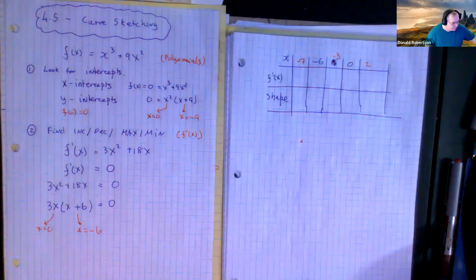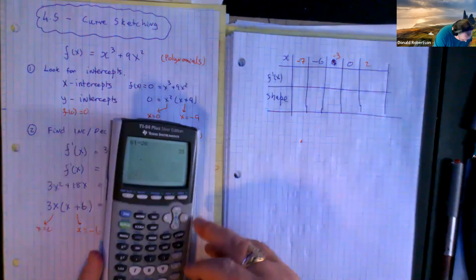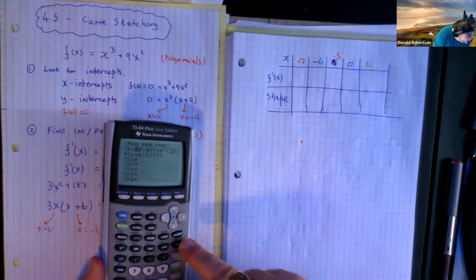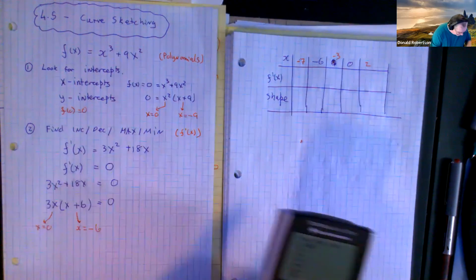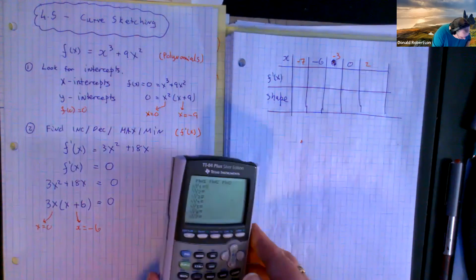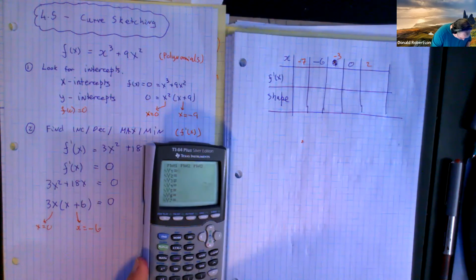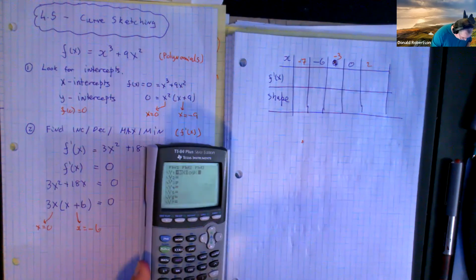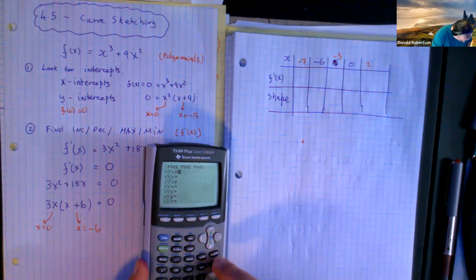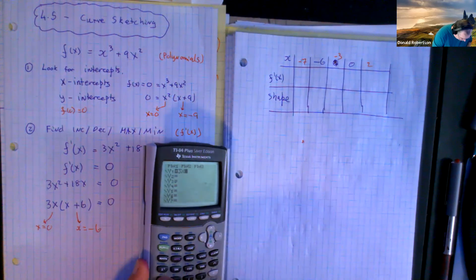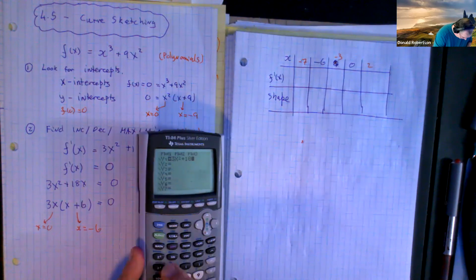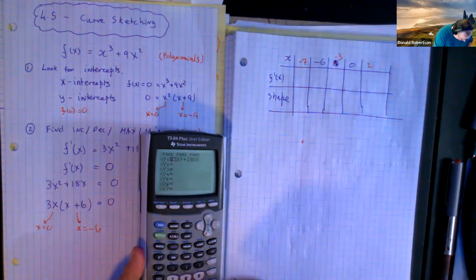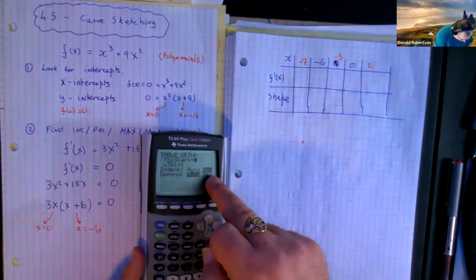So I go to my calculator, I go y equals, clear this out. The guy I should be putting in is the derivative, not the original, but the derivative. So I'm putting in 3x squared, plus 18x. My table is already set up.